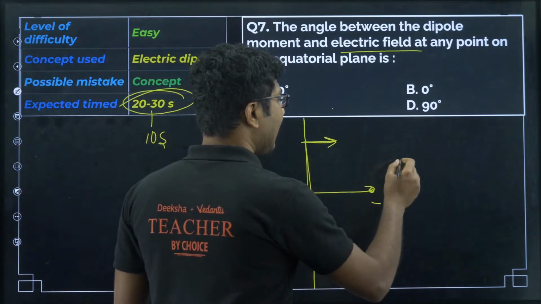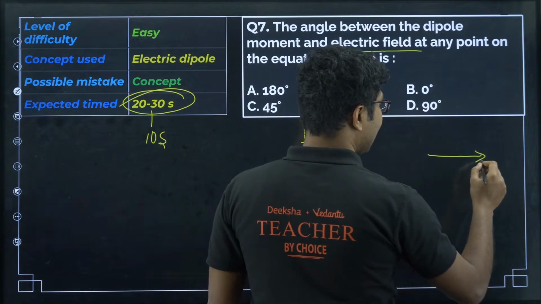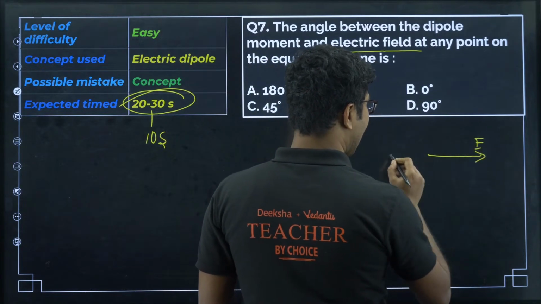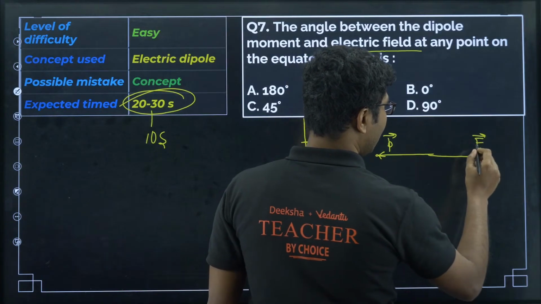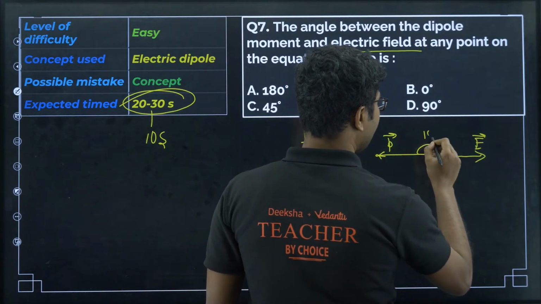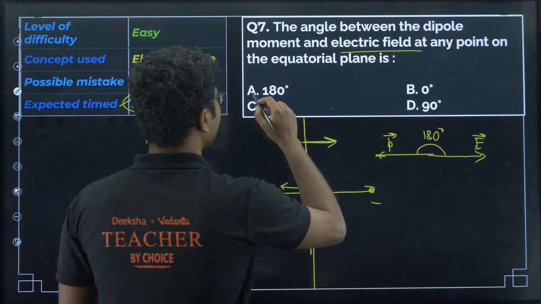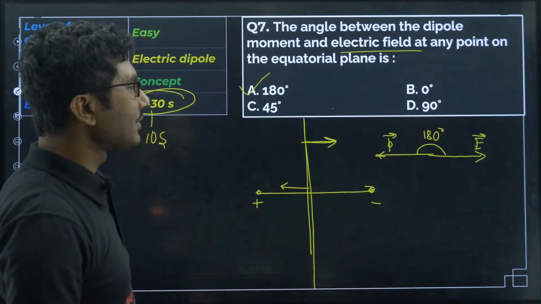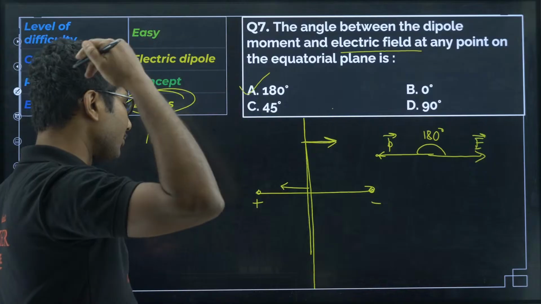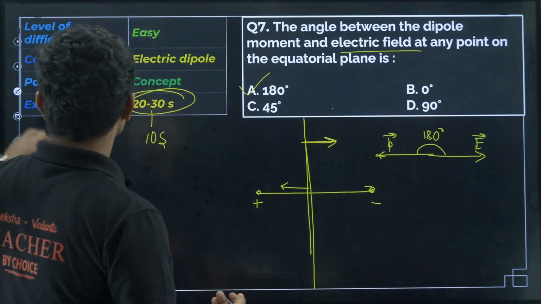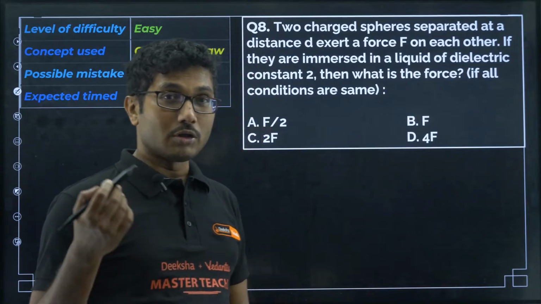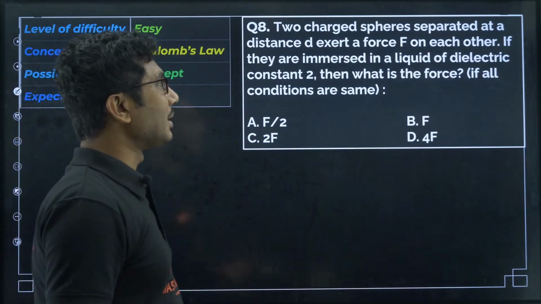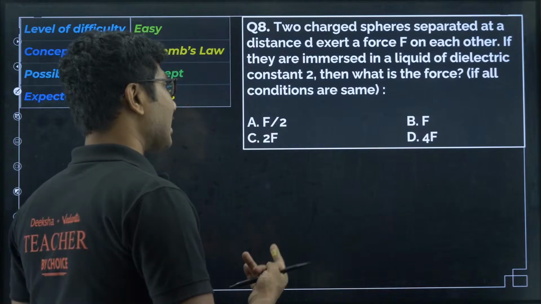So the electric field is in this direction and the dipole moment is in this direction, so the angle will definitely be 180 degrees. This kind of question is common in PU also. The language is slightly simpler, but it can come in PU as well.